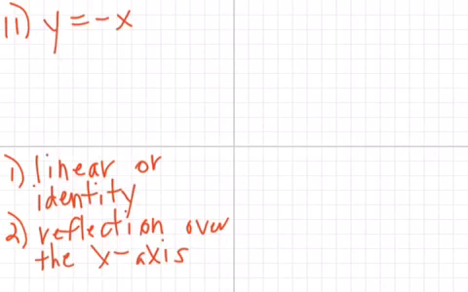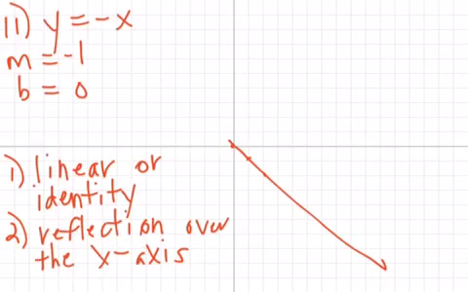Okay, the slope of this is negative 1. The y-intercept is 0. So you start at 0. A slope of negative 1 means to go down 1, right 1, down 1, right 1. So there's our graph.